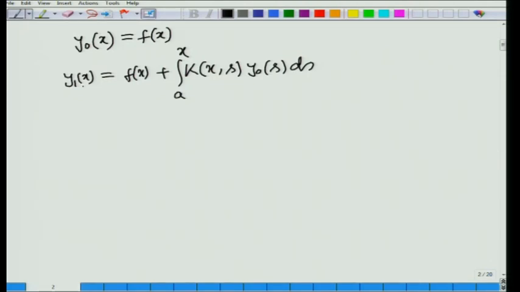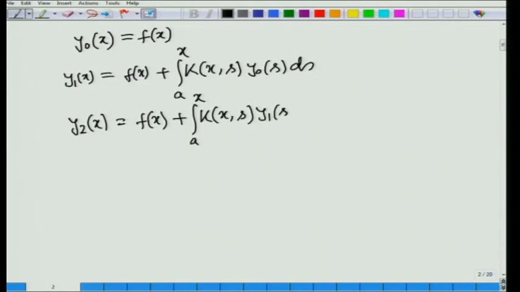Using this first approximation y1, similarly we can calculate y2(x), which is equal to f(x) plus the integral from a to x of K(x,s) y1(s) ds.